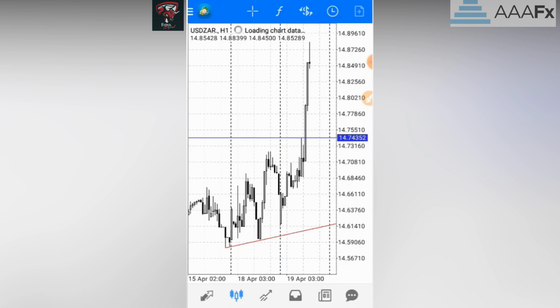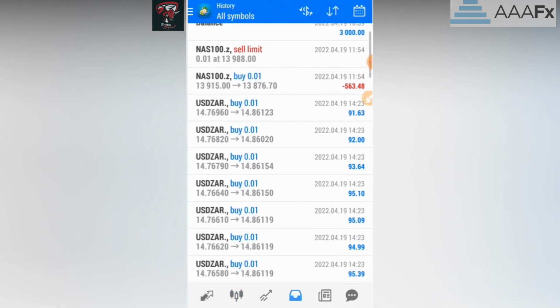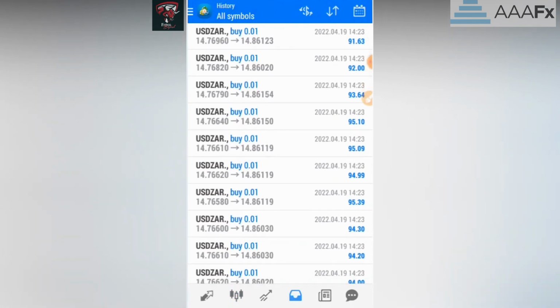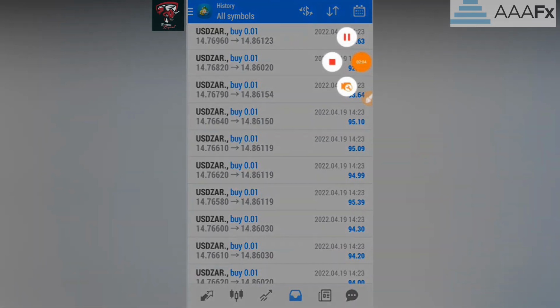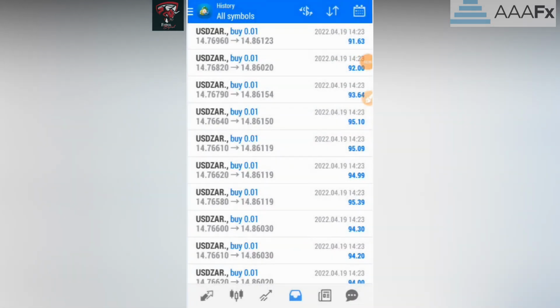Right, and how you execute it is that you carry on placing buys until your free margin doesn't allow you to place any more trades, and then you wait for it to go into profit, and then you keep on adding your positions.